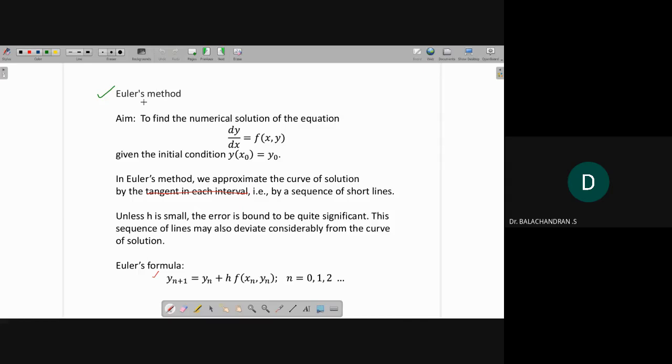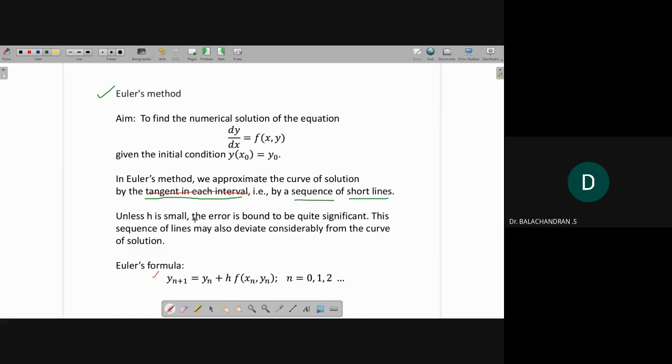Now Euler's method. The aim is to find the numerical solution of the equation dy by dx equal to f of x comma y, given the initial condition y of x naught equal to y naught. In Euler's method, we approximate the curve of solution by the tangent in each interval, that is by a sequence of short lines.